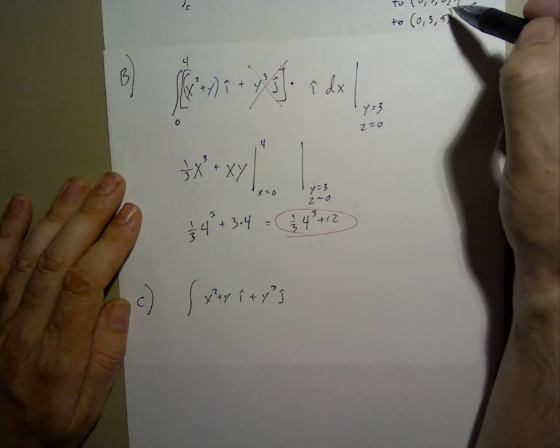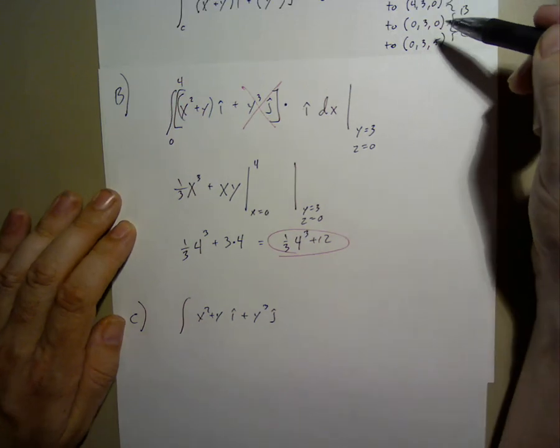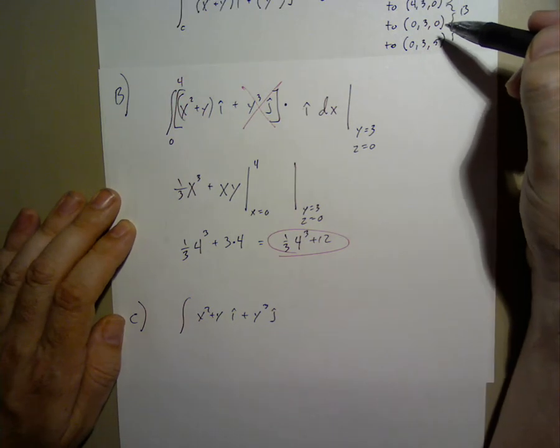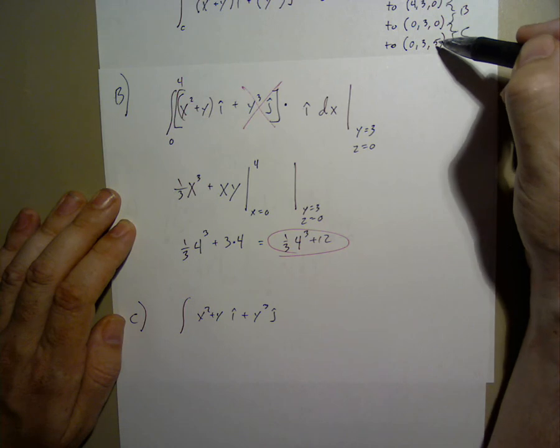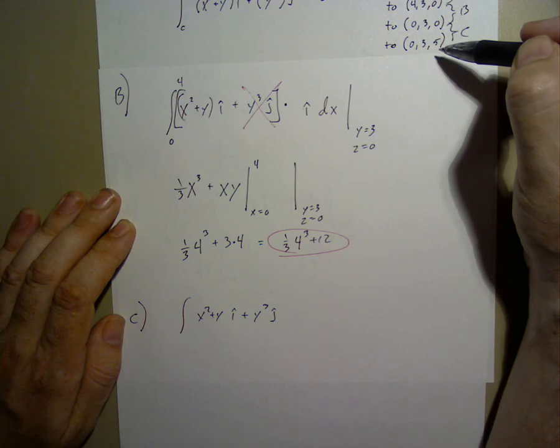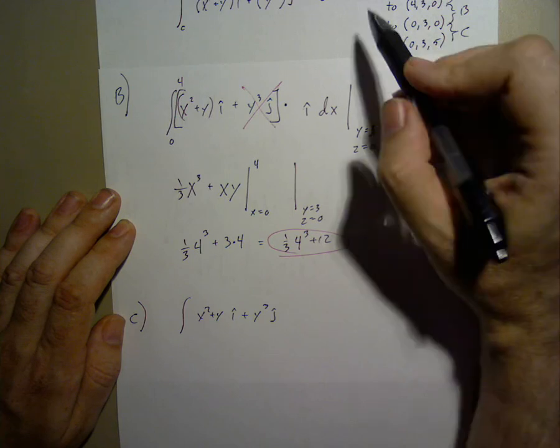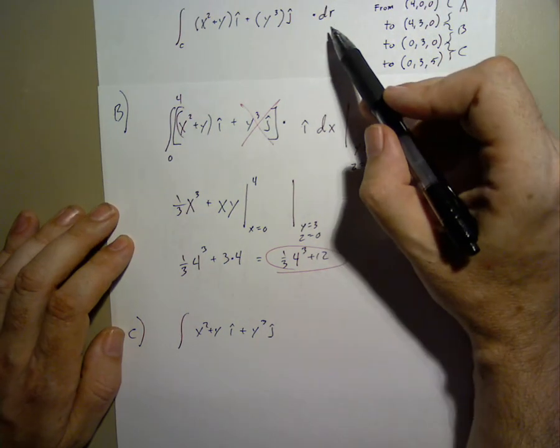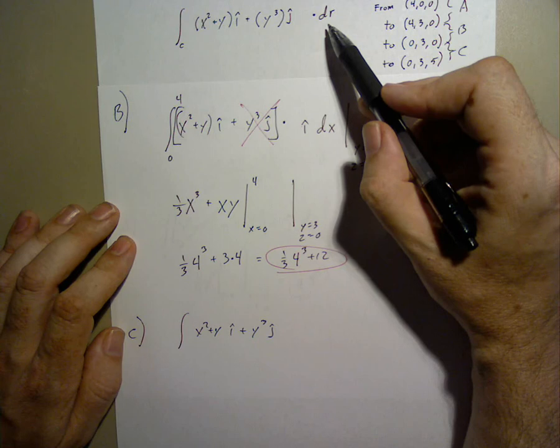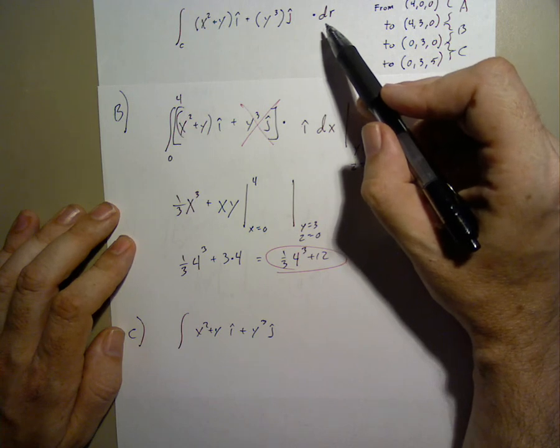In this case, we are integrating from 0 to 5 along the z-axis, meaning the vector differential in this case will be z hat dz.